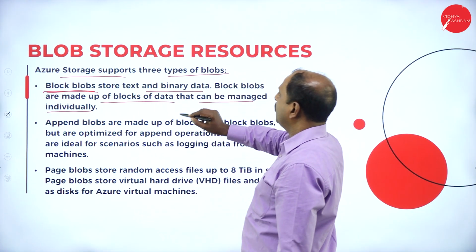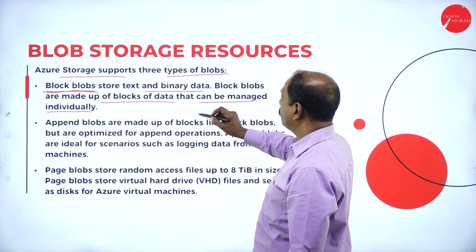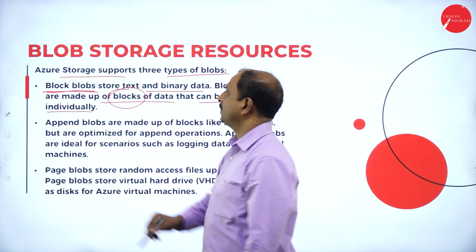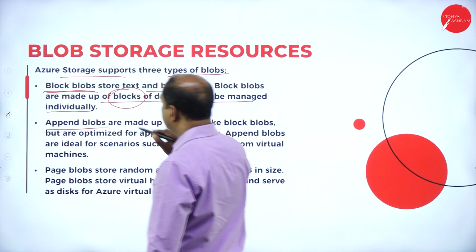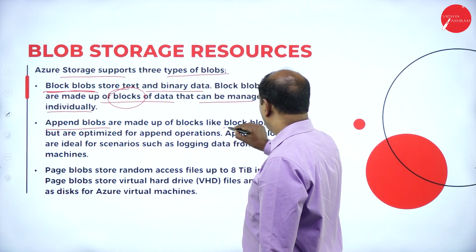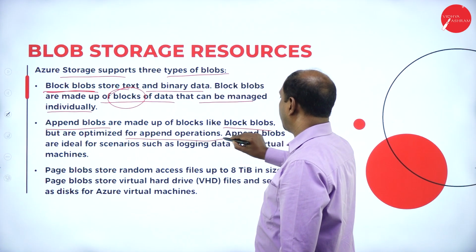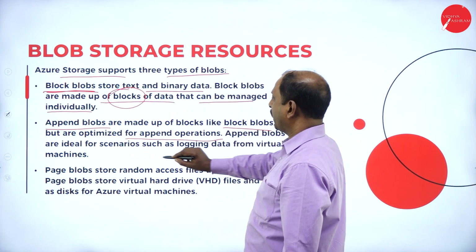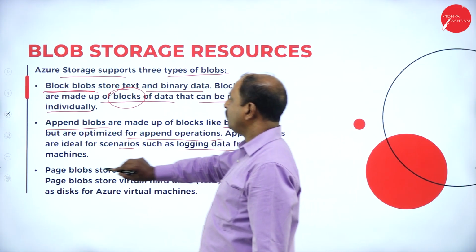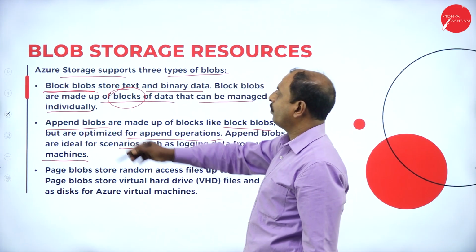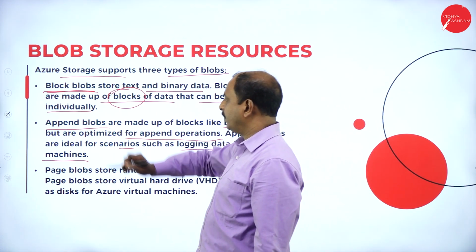Next one is append blobs, which are made up of blocks but optimized for append operations. Append blobs are ideal for scenarios such as logging data from virtual machines, so it is possible to add more information through append blobs.